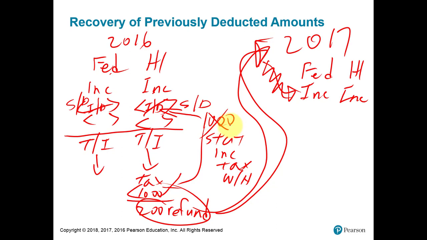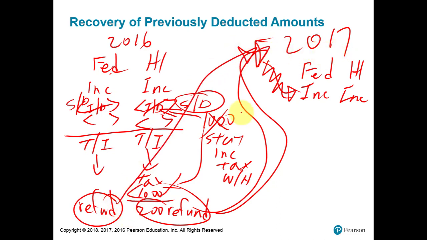So some people would claim not state income taxes, but maybe the sales tax deduction instead, which is an option, or the standard deduction and not itemized. Thus, any state refund is non-taxable. Let's say you have a federal refund down here. Federal refunds you receive, of course, in the following year, 2017, are never taxable because you never deducted it in the first place.